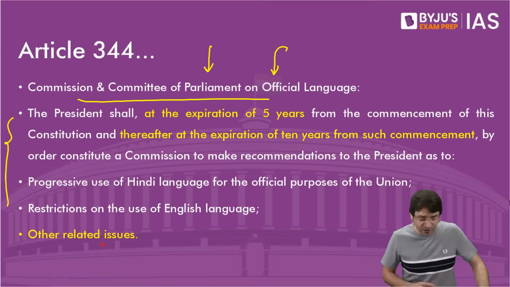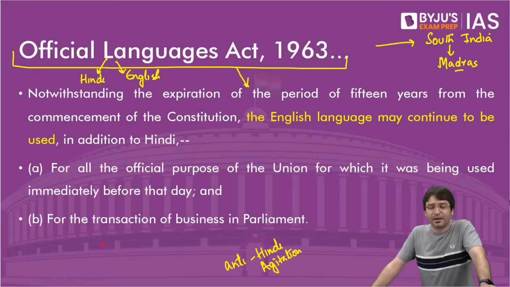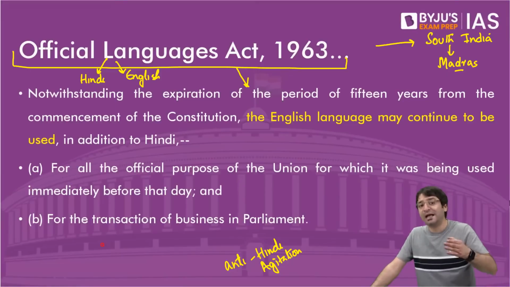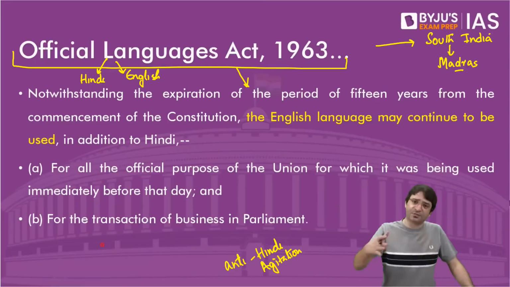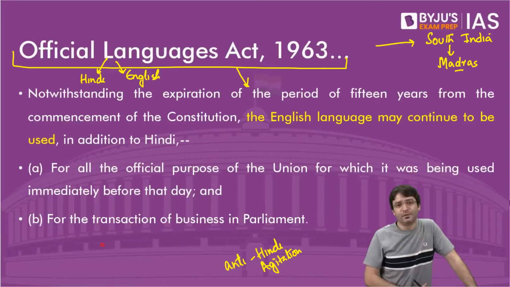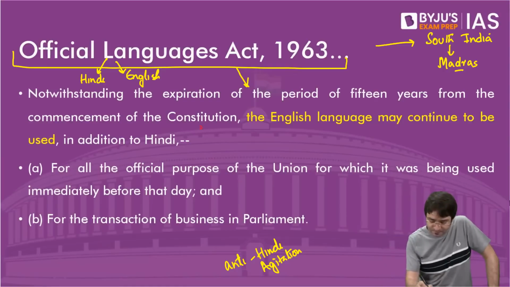And to resolve the crisis that we witnessed in India against the Hindi imposition, the law was passed by the parliament called the Official Languages Act, and it is this Official Languages Act which says the Union of India will have two official languages, Hindi as well as English, without any expiry term.